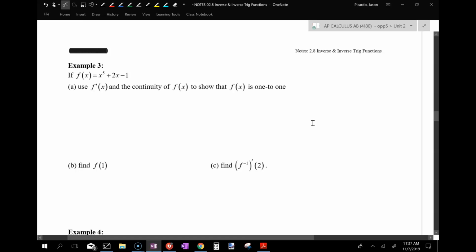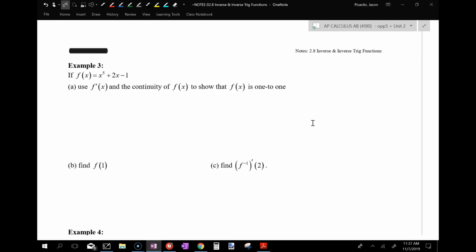So here I give you an equation. And what we want to do is show that it's always 1-to-1. Show that this graph is always 1-to-1. What would make it 1-to-1, guys? Give me something about this curve that I know is true.